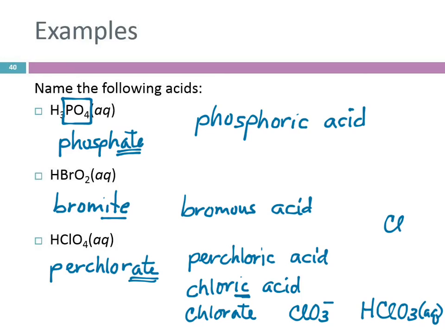And so we look at chlorine. The periodic table tells us it has a -1 charge, so it needs 1 hydrogen. And hydrochloric acid is HCl, aqueous. So there's an illustration of why we need to have a difference. Otherwise, they'd have the same name. Any other questions?